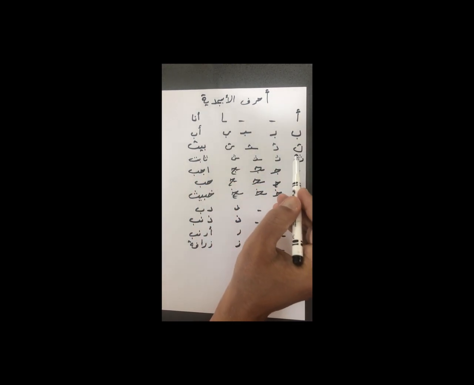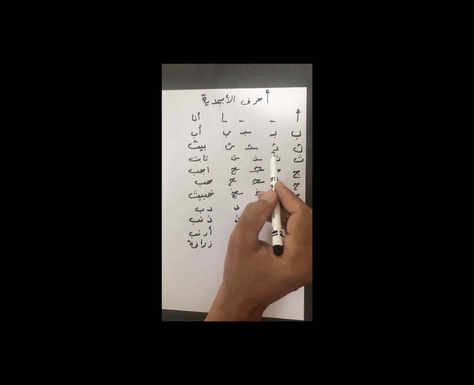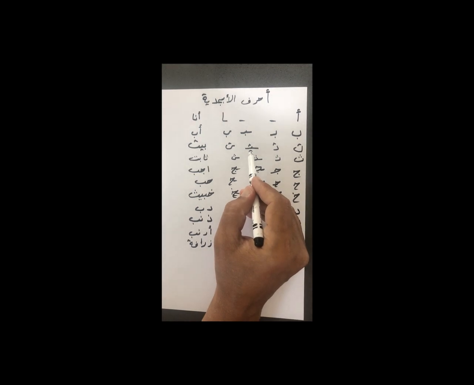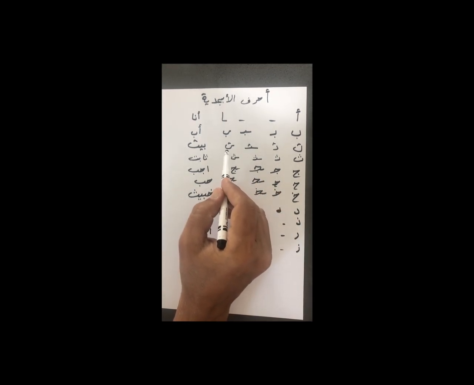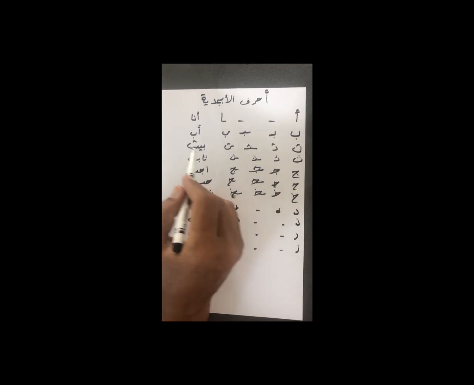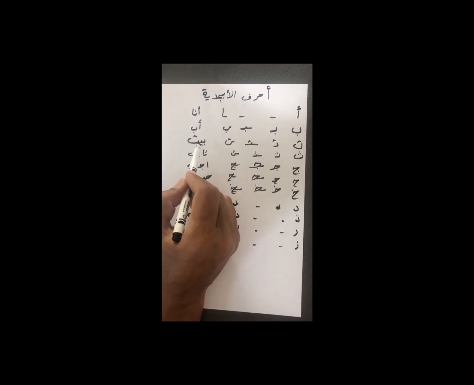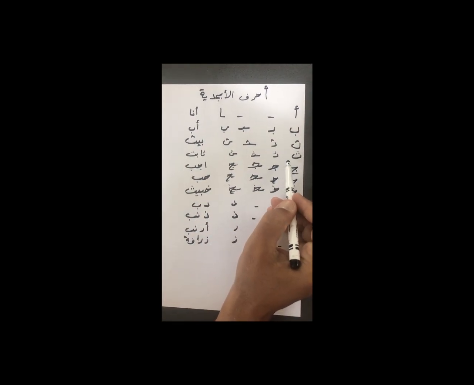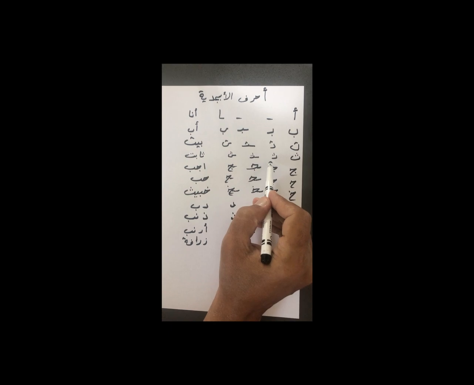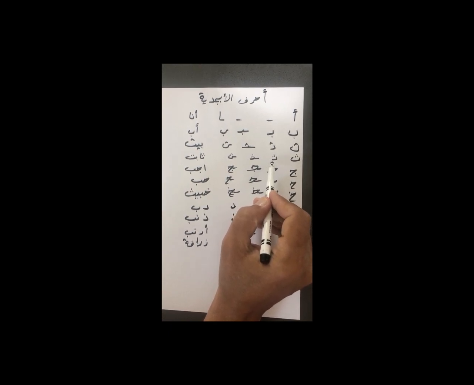This is the actual letter like here, but this little thing is to liaise between the first letter and the second letter. Ta at the initial, medial, and final. As an example, we have Bait: Ba, Ya, Ta, Bait. Tha: at the beginning of the word, you write Tha like that.